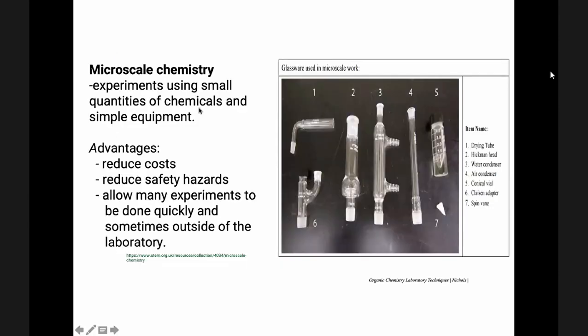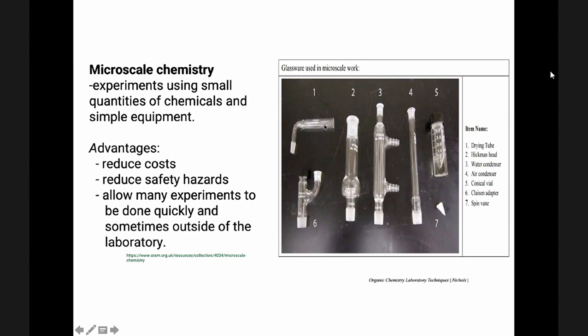Now, I know you already have heard microscale chemistry, no? Experiments using small quantities of chemicals and simple equipment. So advantages: reduced costs, reduced safety hazards, allow many experiments to be done quickly and sometimes outside the lab. Now, these are the glassware commonly used in microscale work. So number 1, we have here the drying tube.